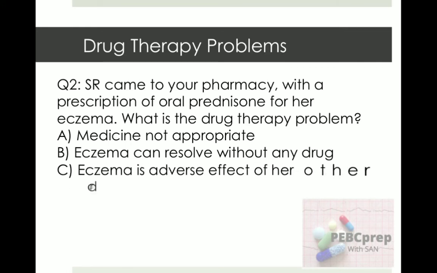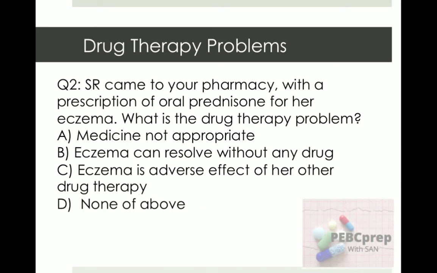Option C, eczema is an adverse effect of her other drug therapy. Option D, none of the above. So C and D are not included because there are no other details given in the question. The answer would be A, medicine is not appropriate. We will cover this in the topic of eczema, but for now it is A.